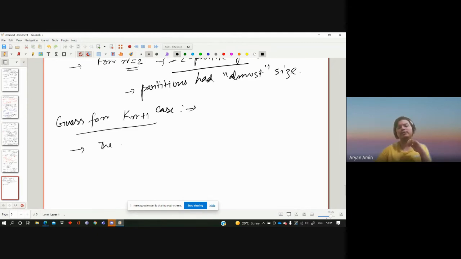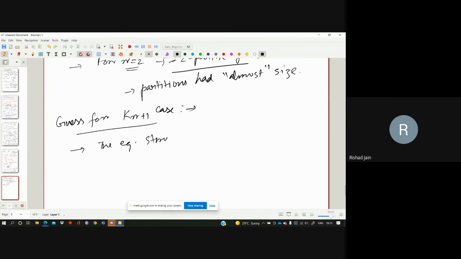A two-partite graph is basically dividing the graph into two partitions.